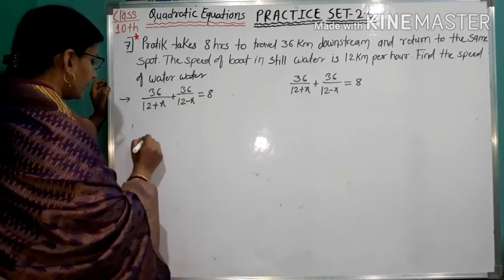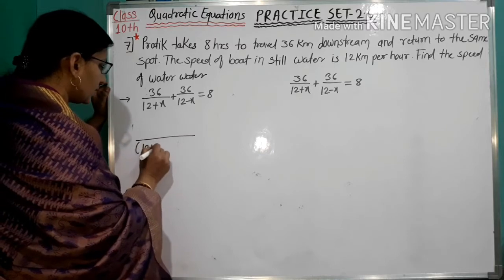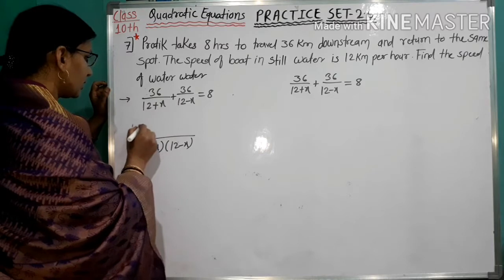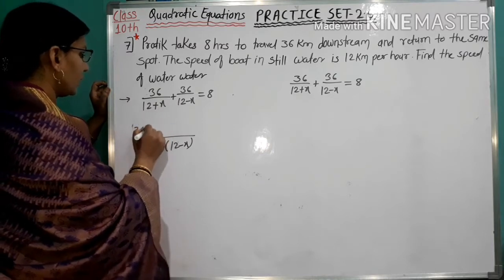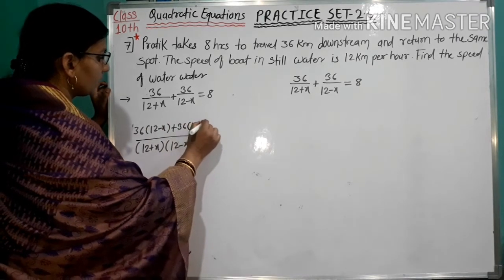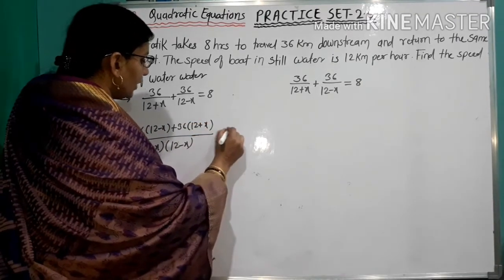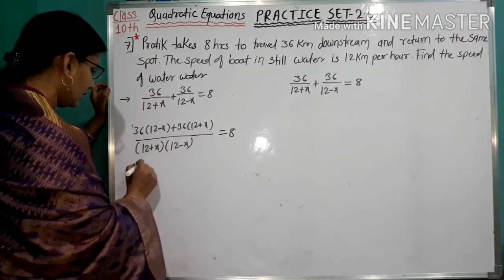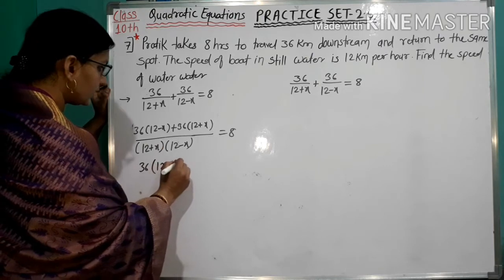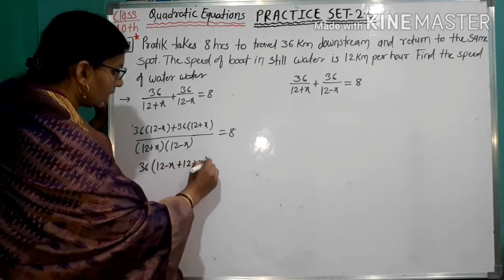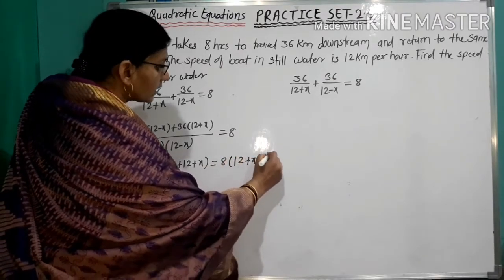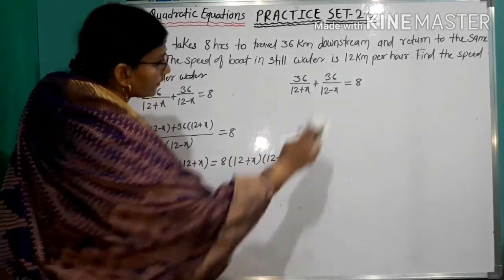Therefore, taking 12 plus x and 12 minus x and cross multiplication, 36 into 12 minus x plus 36 into 12 plus x equal to 8 into 12 plus x into 12 minus x. Then 36 taken common, in bracket 12 minus x plus 12 plus x.